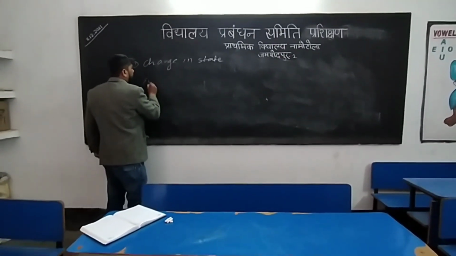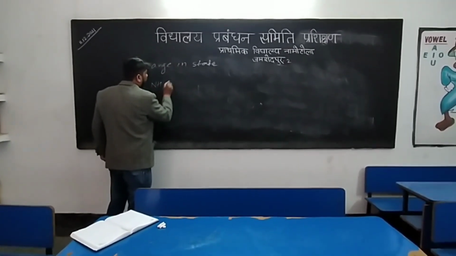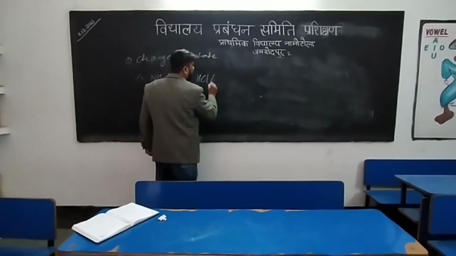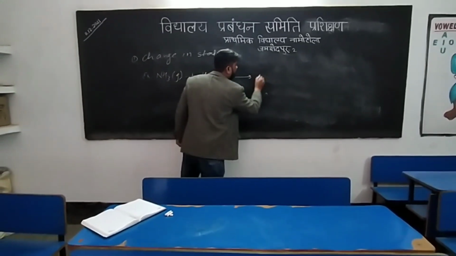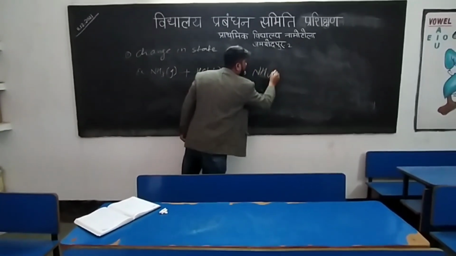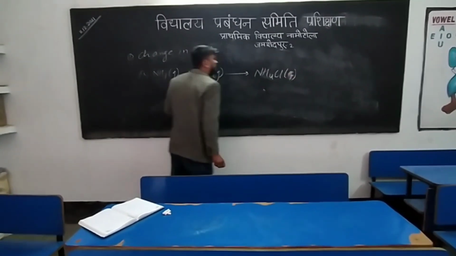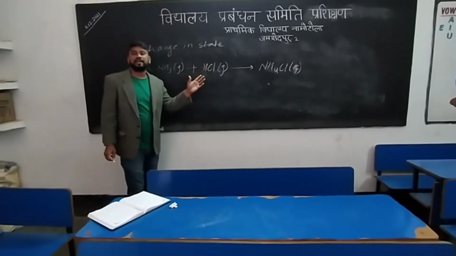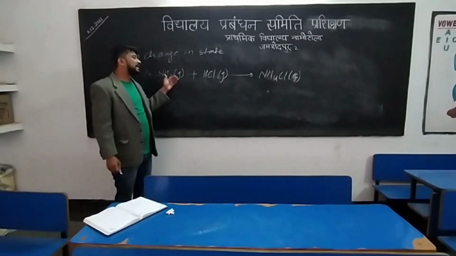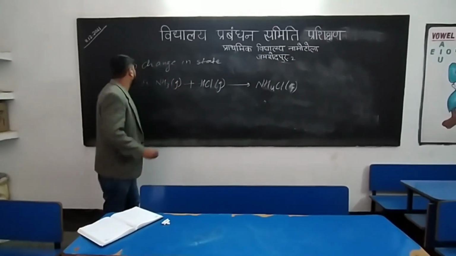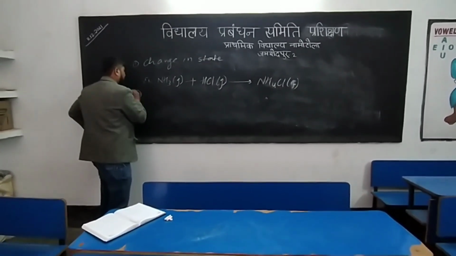For example, ammonia, which is in gaseous state, when combined with HCl, which is also in gaseous state, gives ammonium chloride, NH4Cl, in solid state. So from this we can say that a chemical reaction has taken place in which gases get converted into solids.